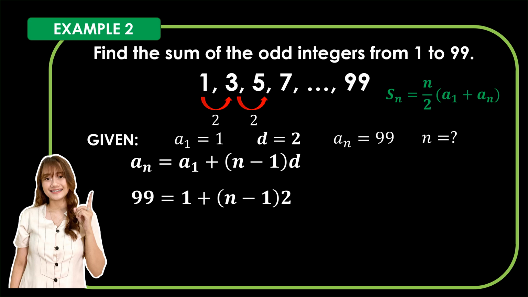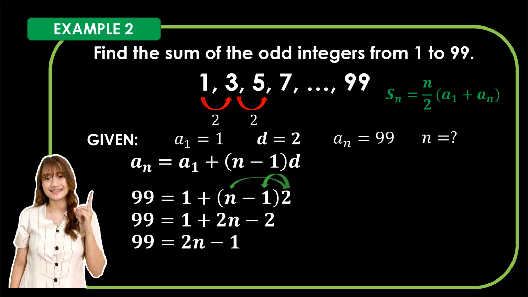Using the distributive property, we distribute 2 to each of the terms inside the parentheses, and we have 99 is equal to 1 plus 2n minus 2. Now, adding like terms, 1 minus 2 gives us negative 1.